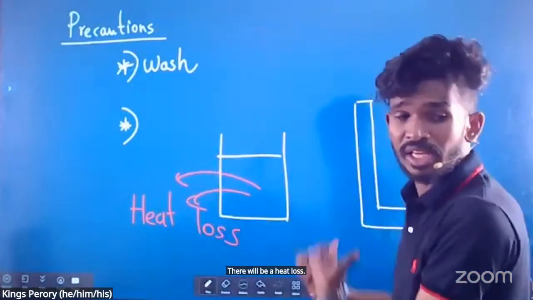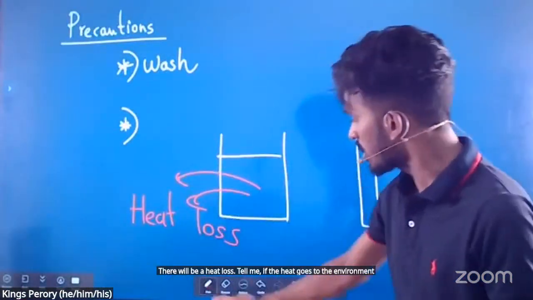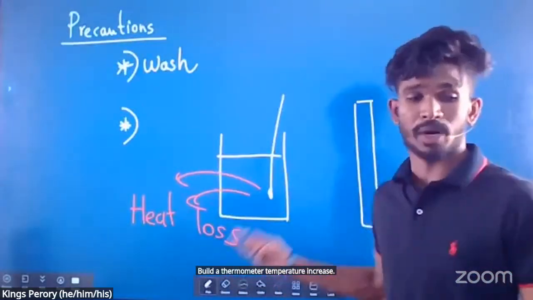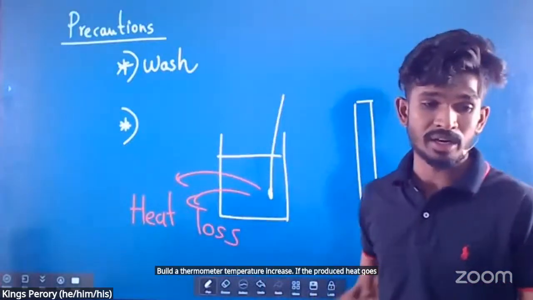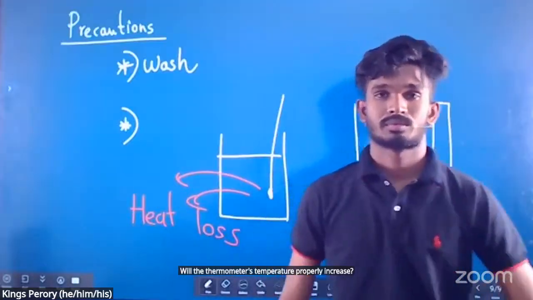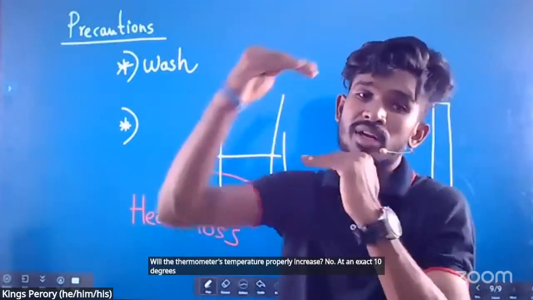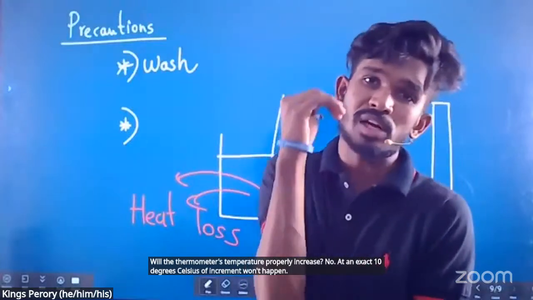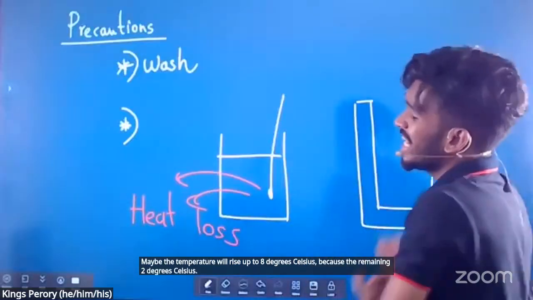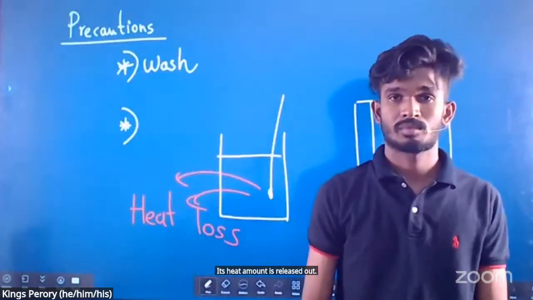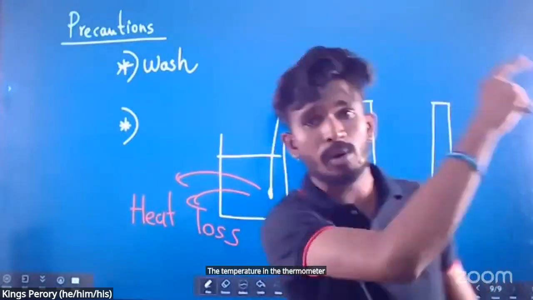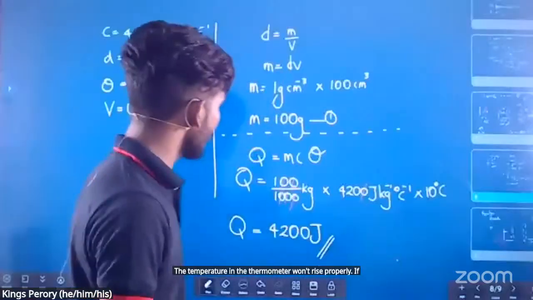Tell me, if the produced heat goes to the environment, will the thermometer's temperature properly increase? No. The exact 10 degrees Celsius increment won't happen. Maybe the temperature will rise only up to 8 degrees Celsius, because the heat for the remaining 2 degrees Celsius is released out. So if there is a heat loss, the temperature in the thermometer won't rise properly.